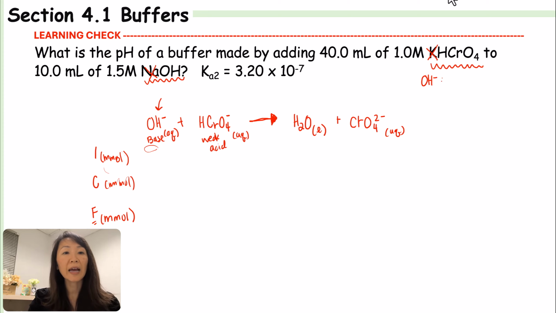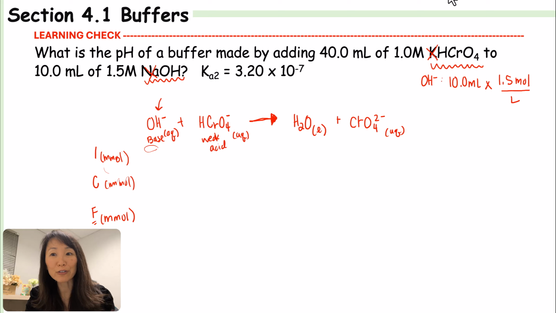And hydroxide has a concentration of 1.5 molarity and a volume of 10 ml. So 10.0 ml, and you're going to multiply by the molarity, which is 1.5 moles over liter. And remember how we said we give you a little trick: you can just cancel out the L's.